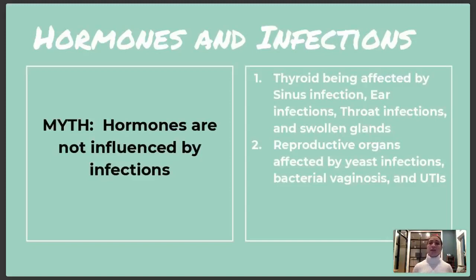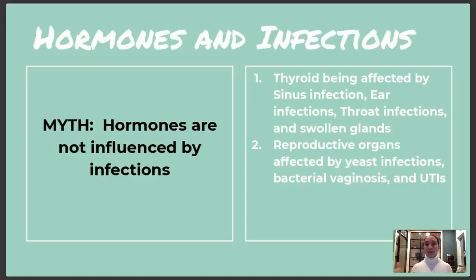So if you have constant infections like yeast infections or bacterial issues, that can definitely throw off the hormones being produced by your ovaries, which can then start to affect the axis. It can affect your adrenals, it can affect your thyroid.